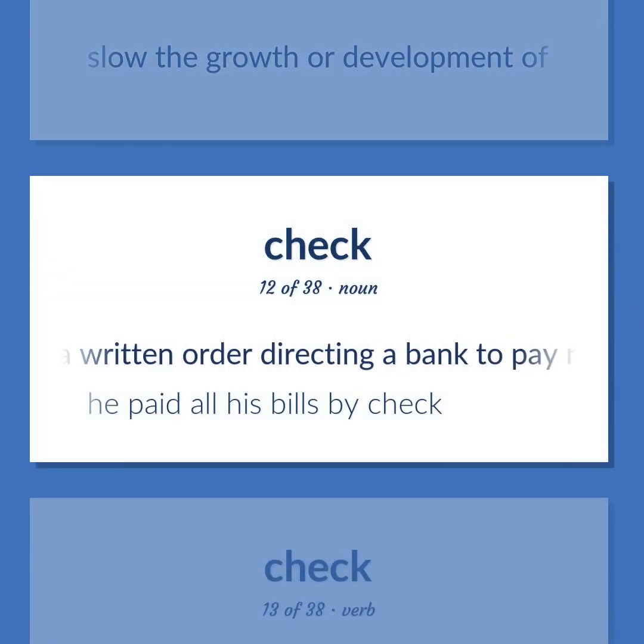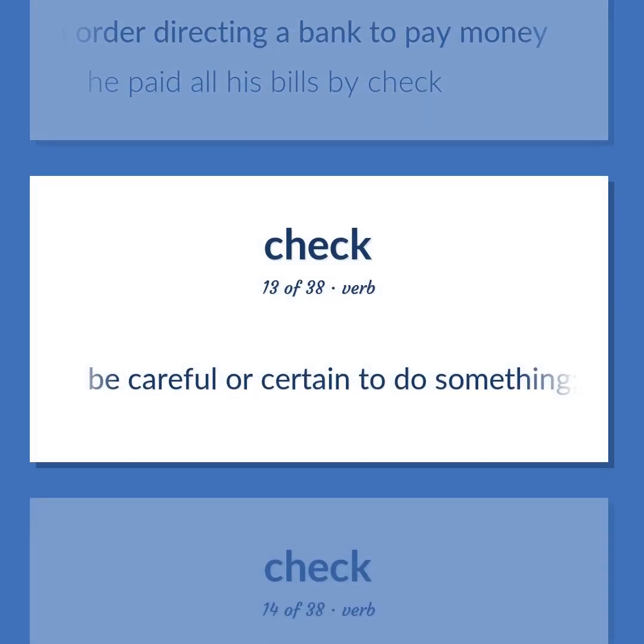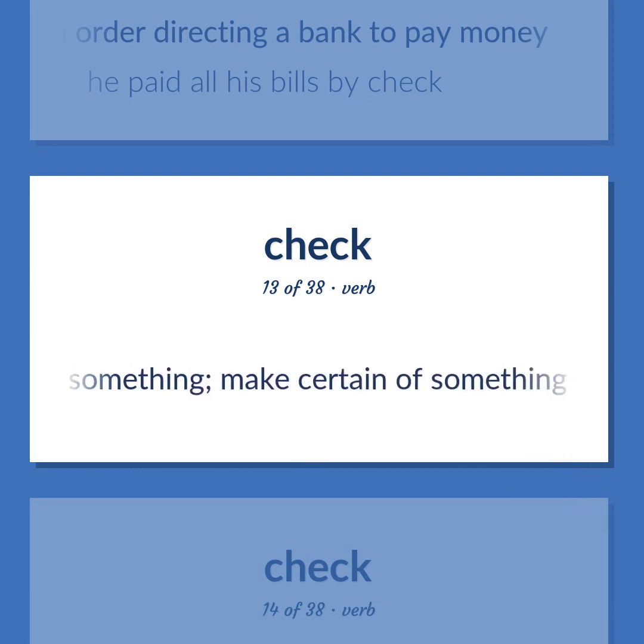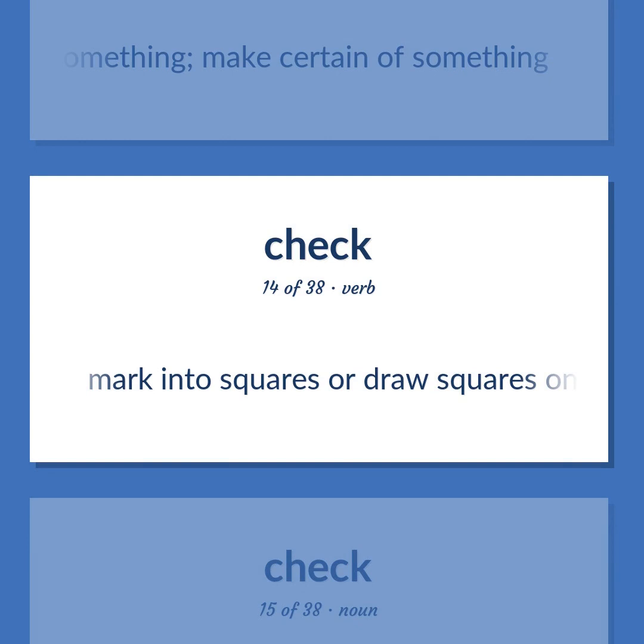A written order directing a bank to pay money. He paid all his bills by check. Be careful or certain to do something. Make certain of something. Mark into squares or draw squares on. Draw crossed lines on.